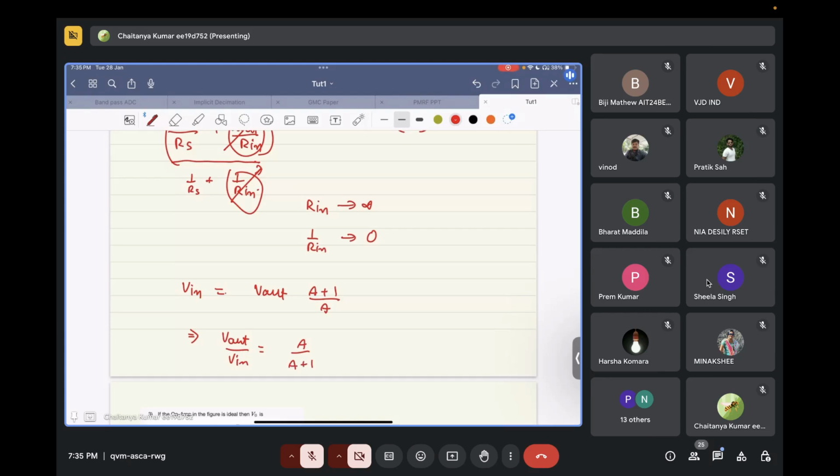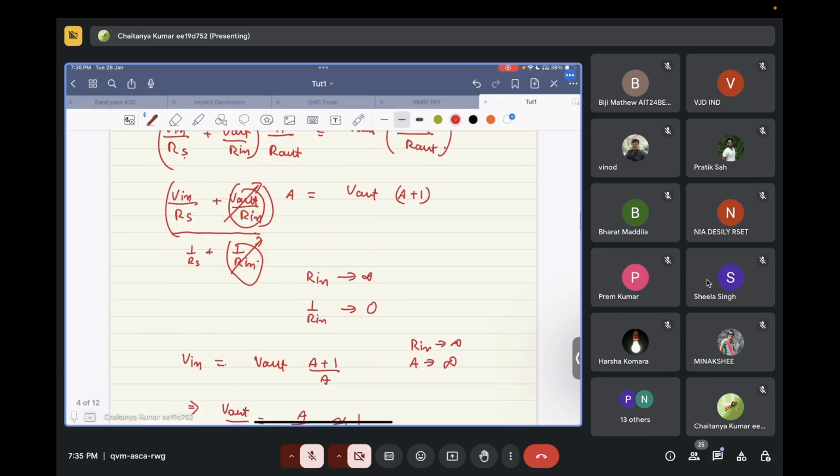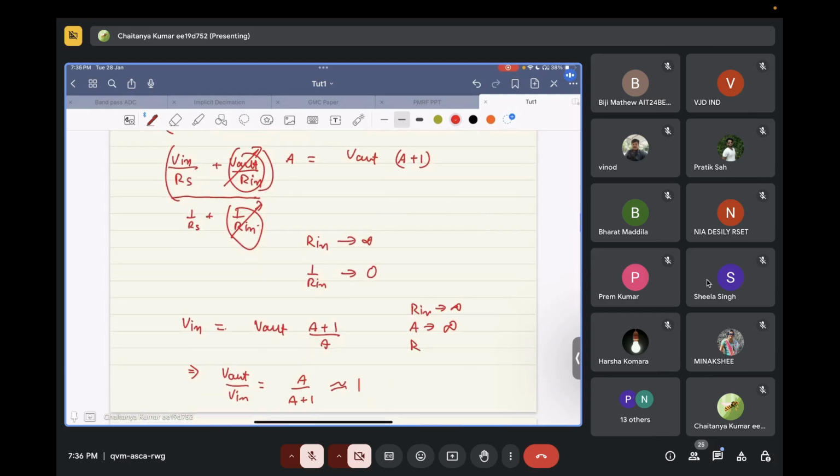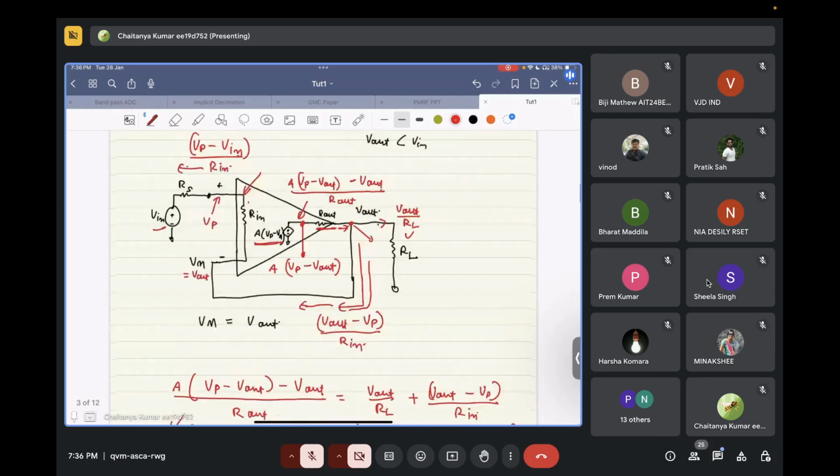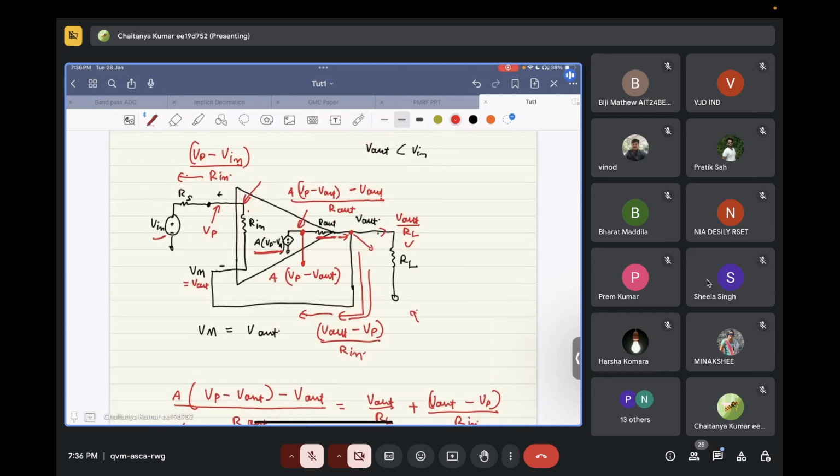Now, as the value of A keeps going higher and higher, A upon A plus 1 can almost be approximated as 1. So if Rn was tending to infinity, A was tending to infinity, and R out was tending to 0, V out by V in for this particular circuit will be equal to 1. Is this clear?